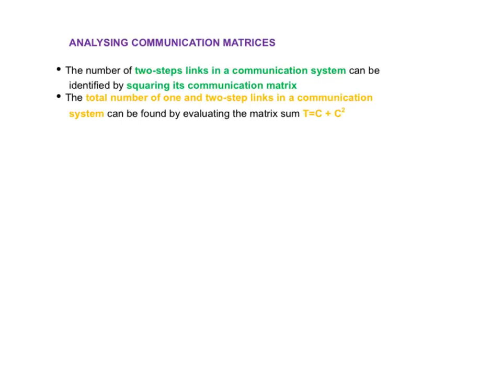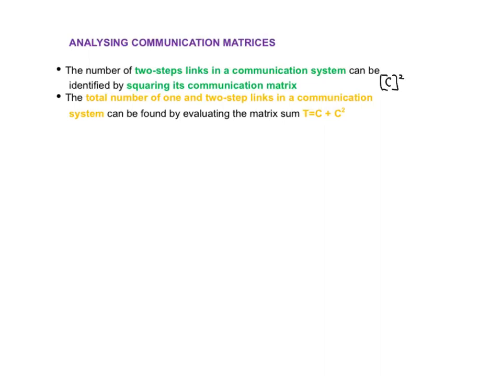All right. So this page is just summarizing it up. Analyzing communication matrices: the number of two-step links in a communication system can be identified by squaring the communication matrix. So we saw that, we got the communication matrix, and we squared it. Now, when they ask you for the total number of one and two step communications, what you need to do is just add them.